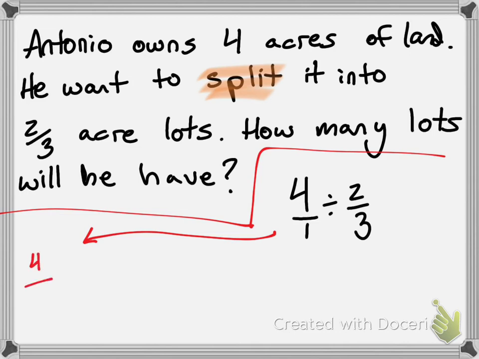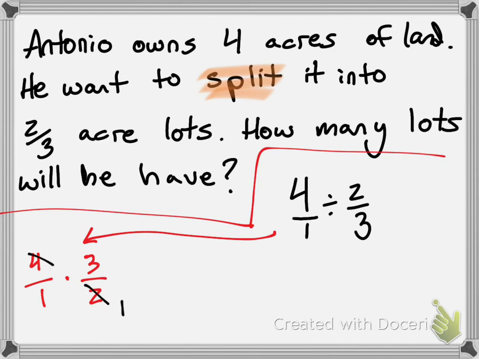Okay, so we keep the first one, 4 over 1. Change it into a multiplication, and we flip the 2/3. Sebastian, when you flip 2/3, what do you get? Yeah, we get 3 over 2. Kayla, can I cross cancel anything? Yes, you can cross cancel 4 and 2.